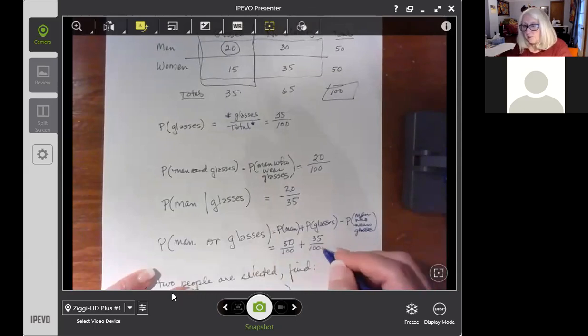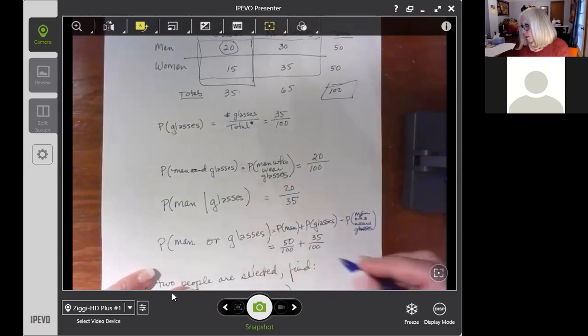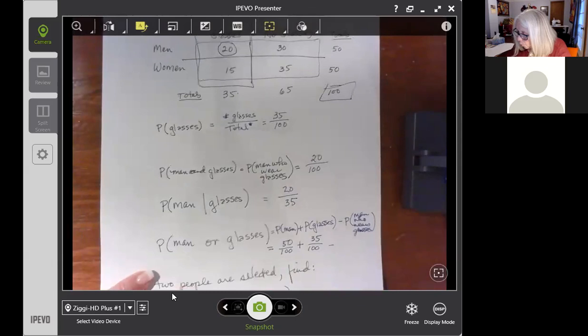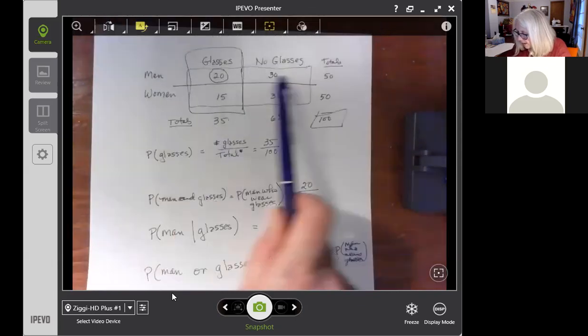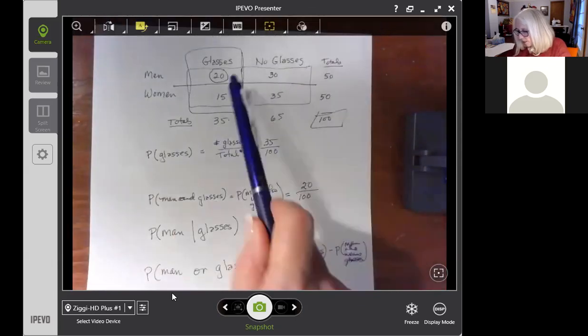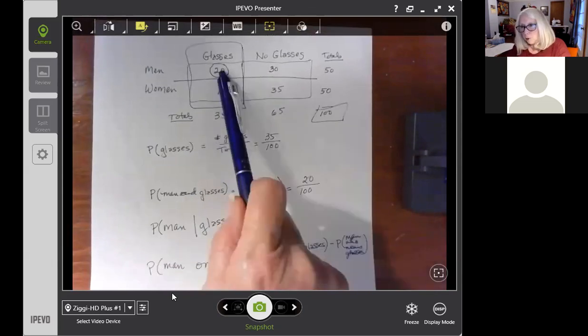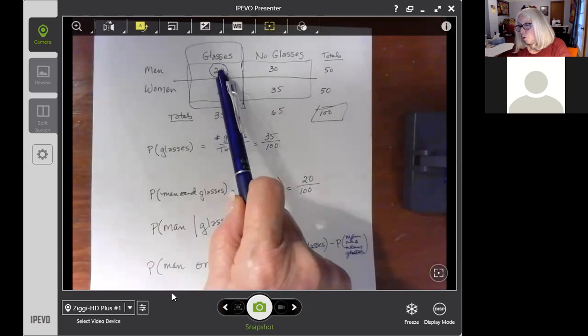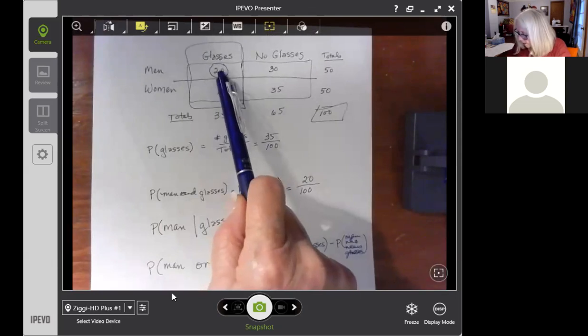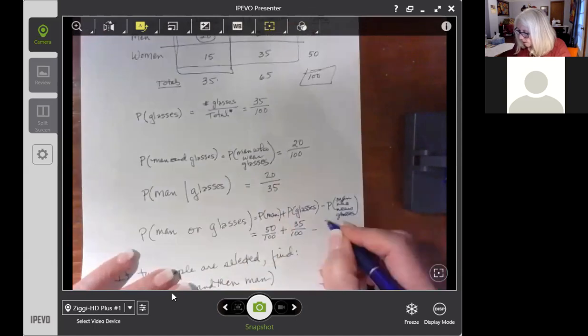And I have to subtract out the probability of selecting a man who wears glasses, because notice that when I selected a man and then I selected someone who has glasses, I counted these 20 people twice. They counted in both the row and the column. You can't have that. So you have to subtract out the 20 men with glasses who were counted twice out of the 100.